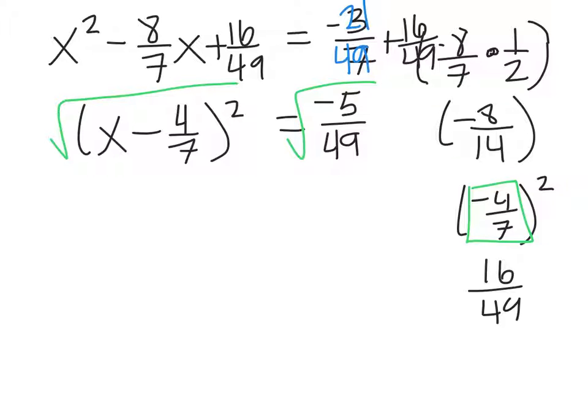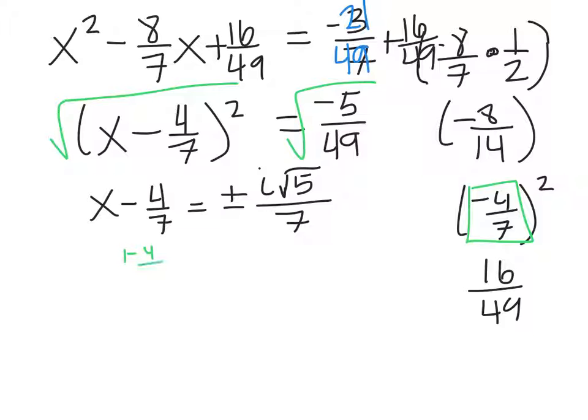Okay? And over here we end up with x minus 4/7, and it's equal to plus or minus. If you square root negative 5, an i comes out, and the 5's got to stay underneath, and the square root of 49 is 7. Now we're going to add 4/7 to both sides.